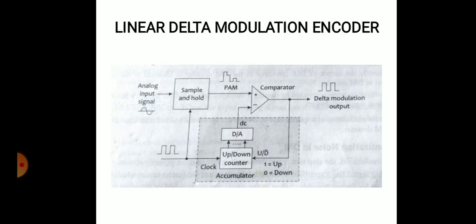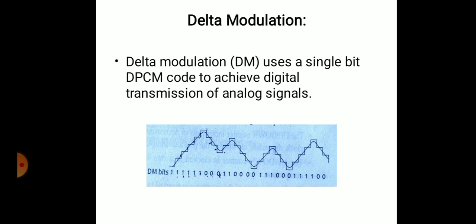Now, one thing you must remember is that in delta modulation, the transmission bandwidth should be greater than or equal to the multiplication of the number of bits per sample and the maximum frequency of the input signal. So we can say that in DM only one bit is used per sample, so the transmission bandwidth should be at least equal to the maximum frequency of the input signal.